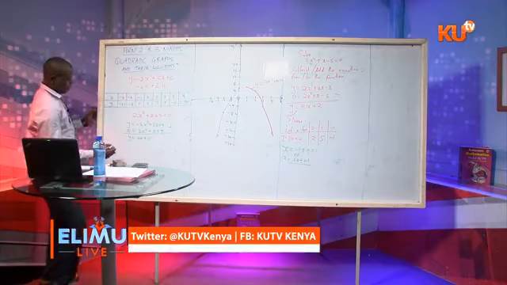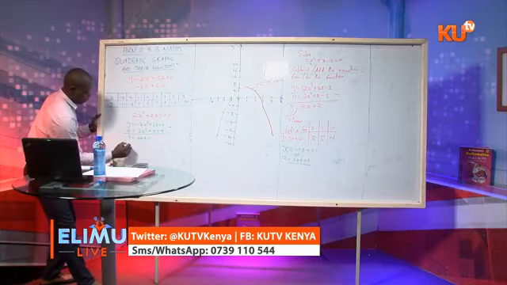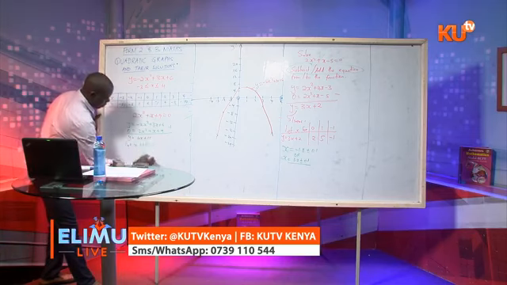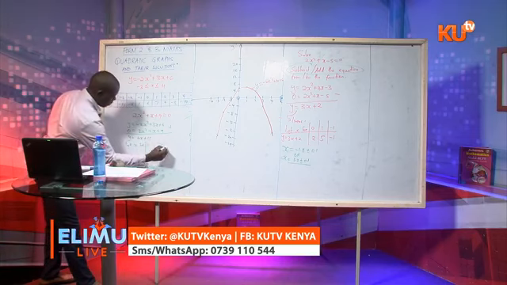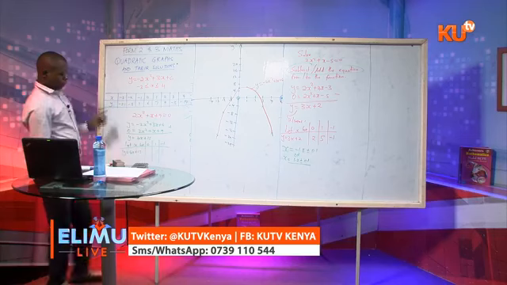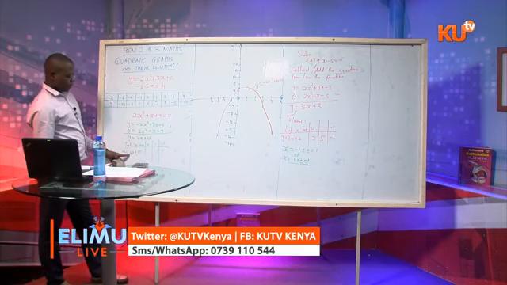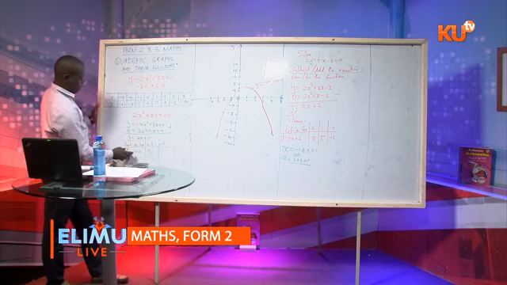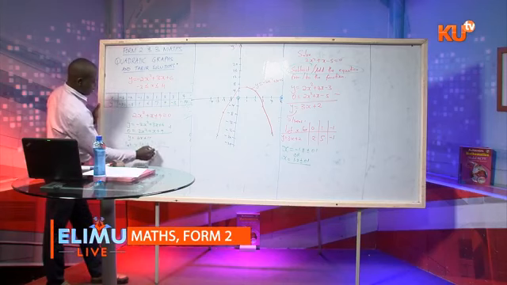Then we do the same procedure. We identify any 3 values of x. So let x be, let's say 0, 1, and -1, and find the values of y, which is 4x plus 15. When x is 0, this becomes 15. When x is 1, 19.